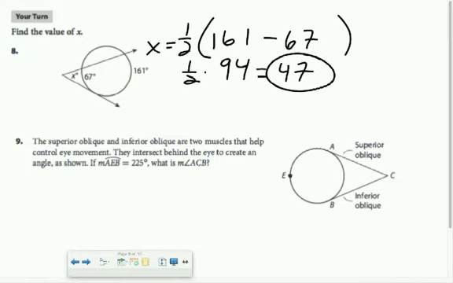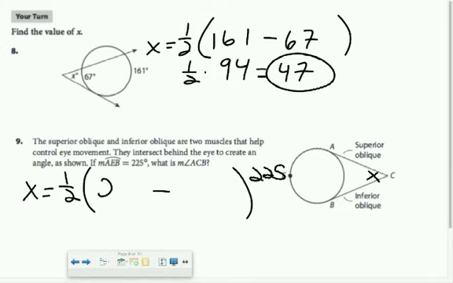Here in this example, the circle that you see is an eyeball. There's a muscle on top and a muscle on bottom, represented by segment CA and CB. Arc AEB is 225. I'm asked for the measure of angle ACB. Well, it's an angle formed outside of the circle, so it'll be 1/2 of the difference between 2 arcs.